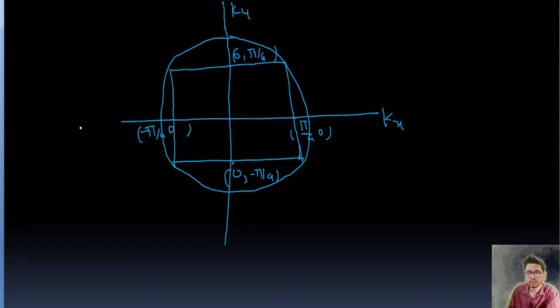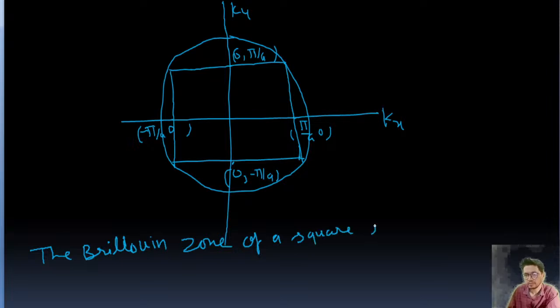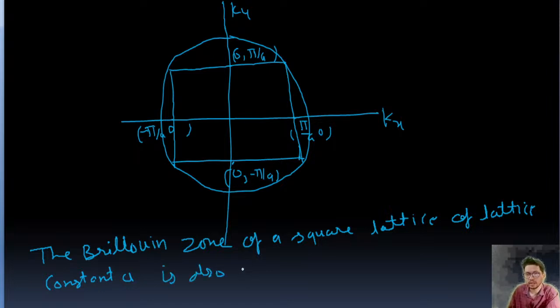So the Brillouin zone, I'll write it. The Brillouin zone of a square lattice of lattice constant A is also a square, as shown above.